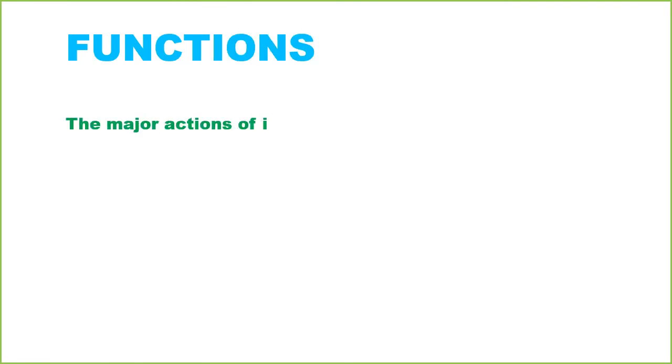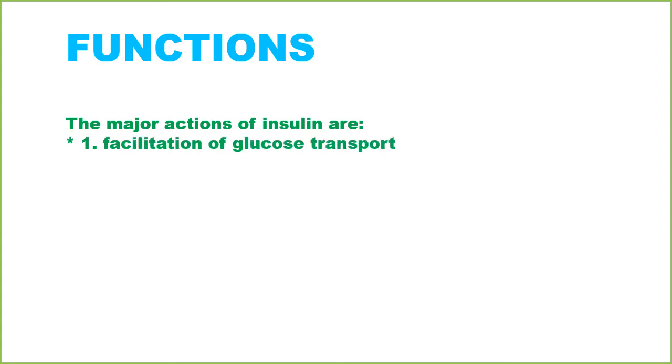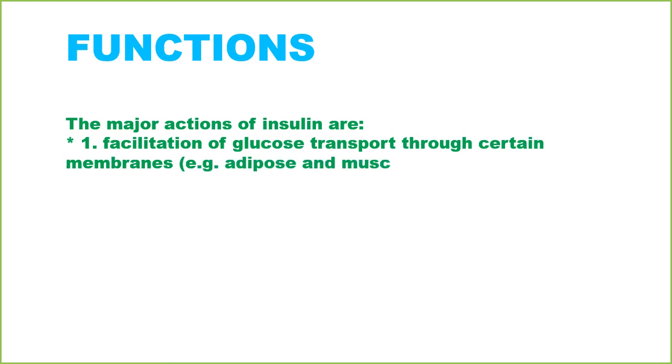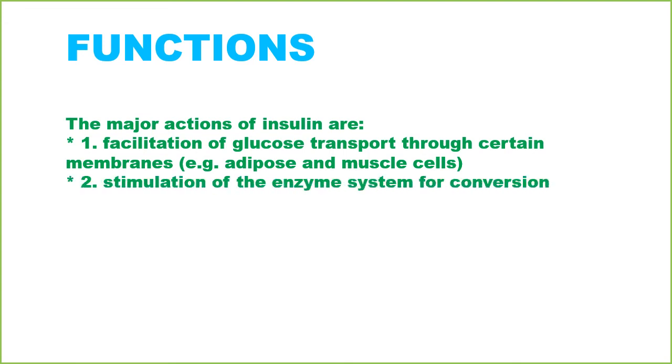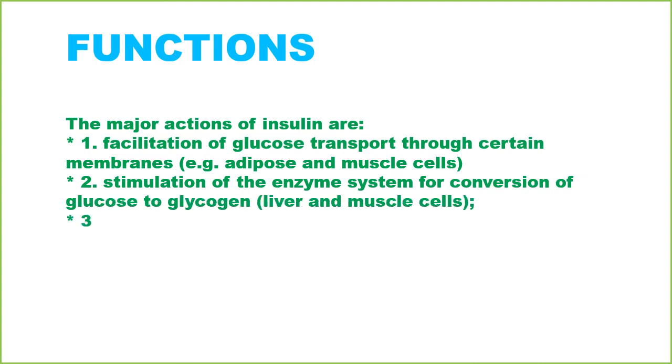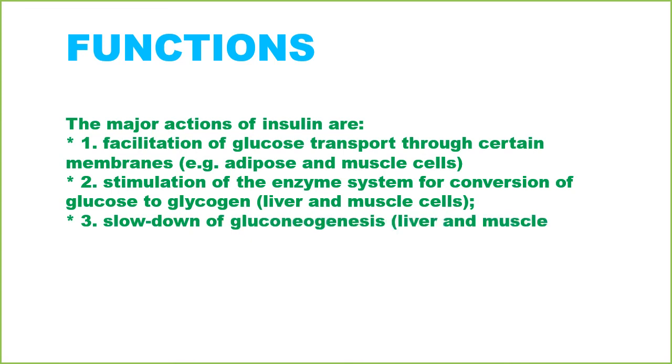So talking about the functions of the insulin. The major actions of the insulin are, number one, it facilitates the glucose transport through certain membranes, like the adipose tissue and the muscle cells. Number two, there is stimulation of the enzyme system for conversion of the glucose to the glycogen. Now it occurs in the liver and the muscle. Number three, there is slow down of the gluconeogenesis.